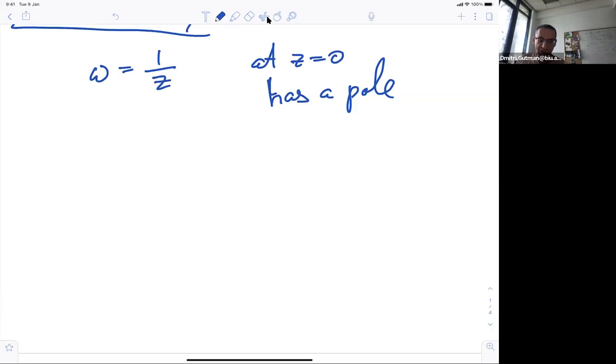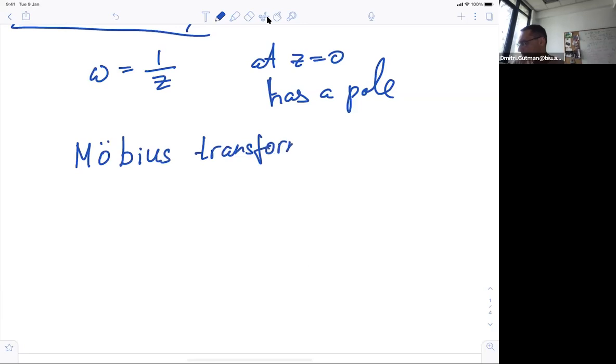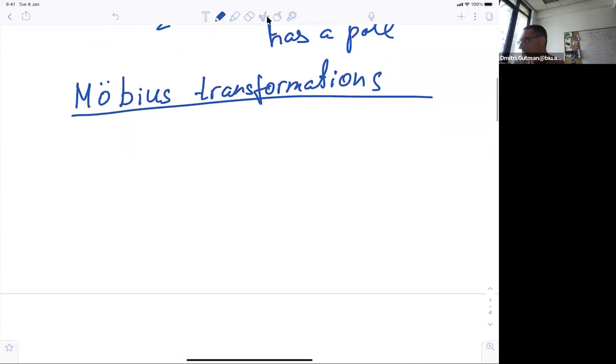Now, what I'm going to talk about today is that this transformation is just a particular example of a more general class of transformations called Möbius transformations. This is a very important class of transformations in complex analysis.